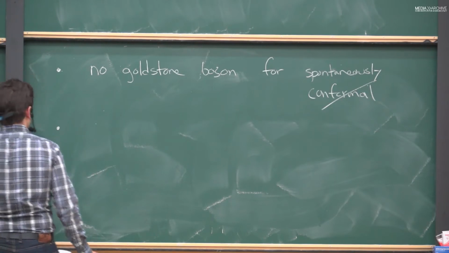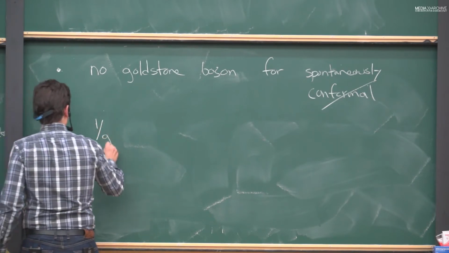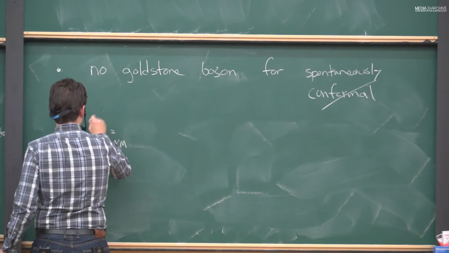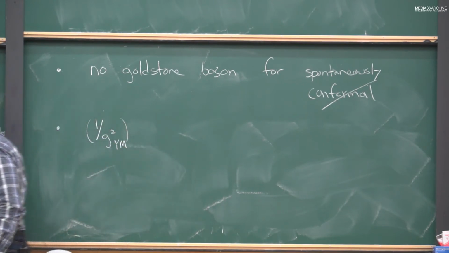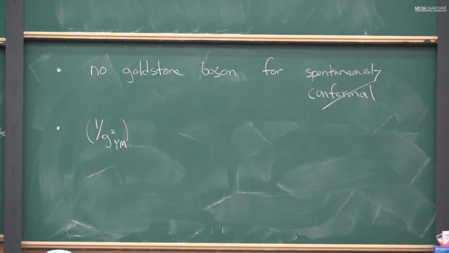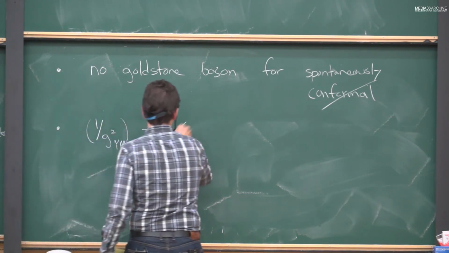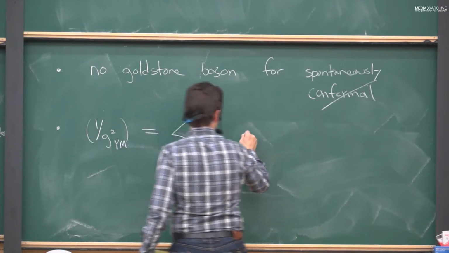That's not good enough. You see, 1 over g_YM squared, if it's there in the infrared, if you have a super Yang-Mills sector, then this should be the coefficient of a relevant operator in the UV. So the only way out is that this actually is the VEV of the dilaton.